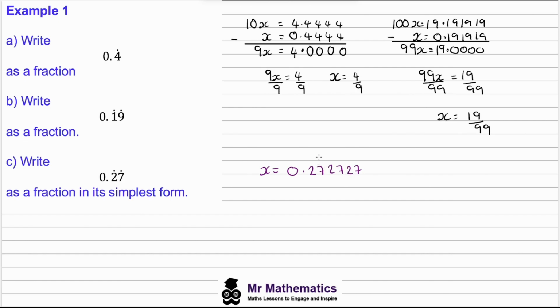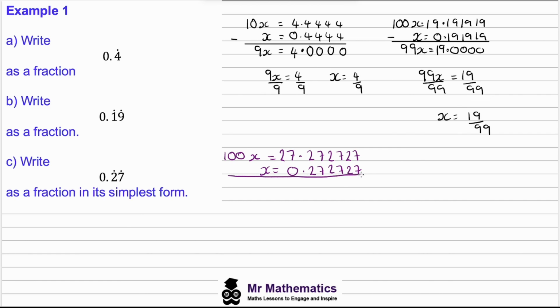And because it recurs in the hundredths column, we're going to multiply x by 100. So we'll have 100x. And then we need to move all of these numbers across by 2 places because we're timesing it by 100. So we'll have 2 tens, 7 units, 2 tenths, and all the recurring numbers will line up.